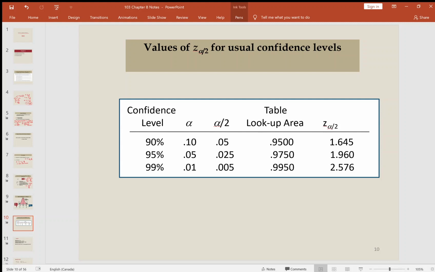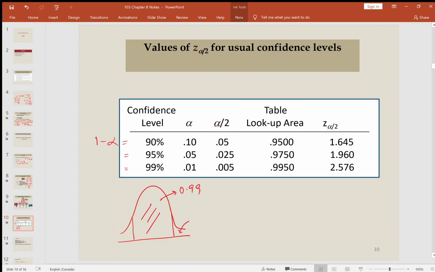Now as I was telling you, the three most common values that we use for 1 minus alpha are 90%, 95%, and 99%. So let us take a case where 1 minus alpha is 99%, so this is 0.99. How much is this area?